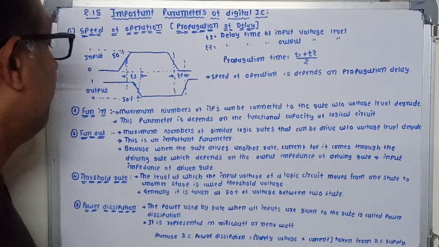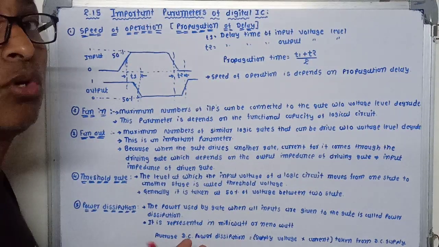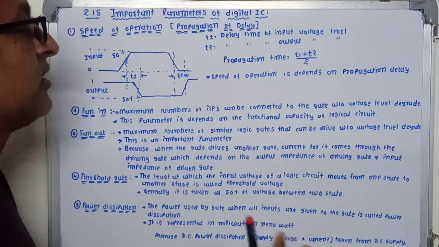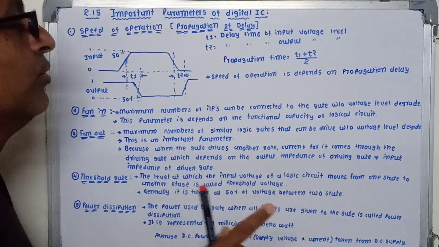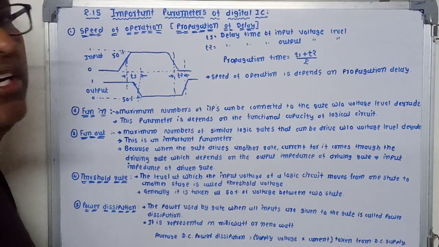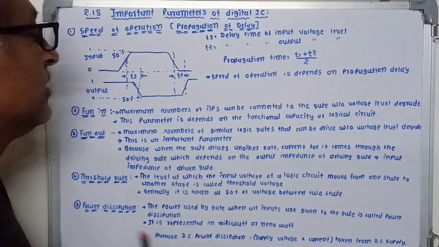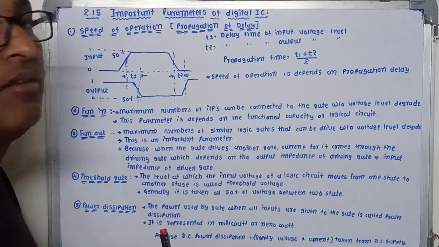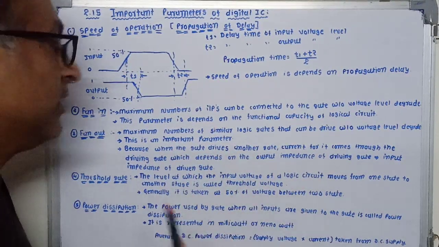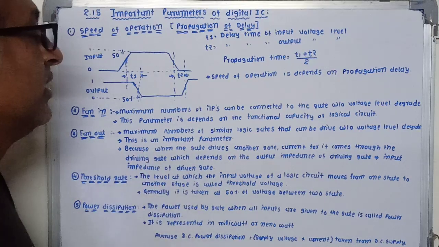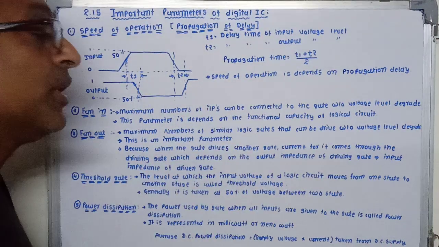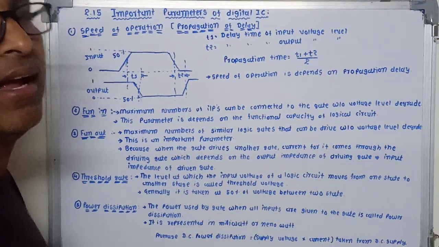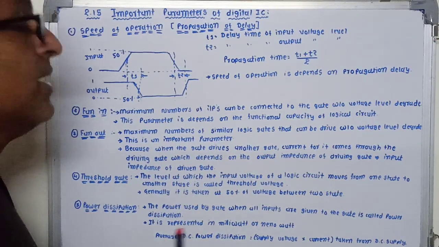Fan out: the maximum number of similar logic gates that can be driven without voltage level degrade. This is an important parameter because when a gate drives another gate, the current comes through the driving gate, which depends on the output impedance of the driving gate and the input impedance of the driven gate.